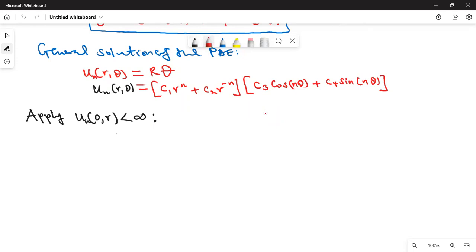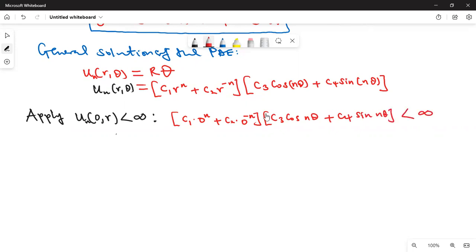So what you're going to get here is that when I put r equal to 0, what will I get? So this will be C1 times r raised to n, and our r is 0, so times 0 raised to n plus C2 times 0 raised to negative n, times C3 cos n theta plus C4 sin n theta. This value should be less than infinity.